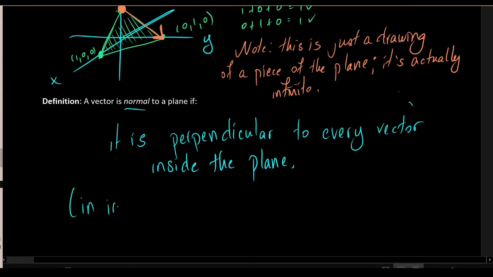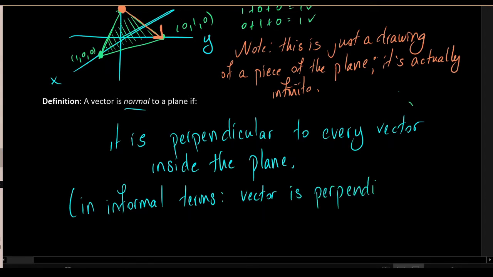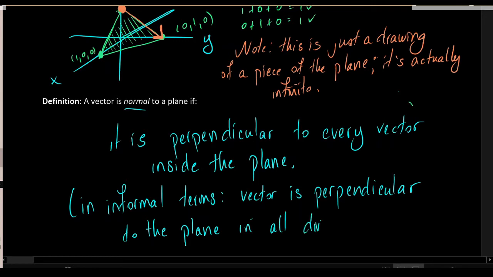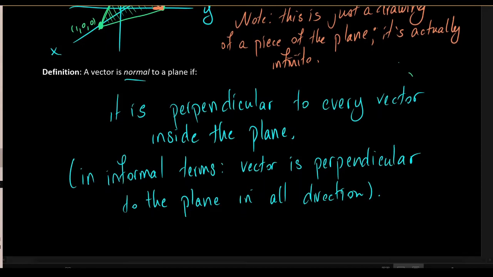In informal terms, this means that the vector is perpendicular to the plane in all directions, just as we sketched when we were examining the xy, yz, and xz planes on the previous page.